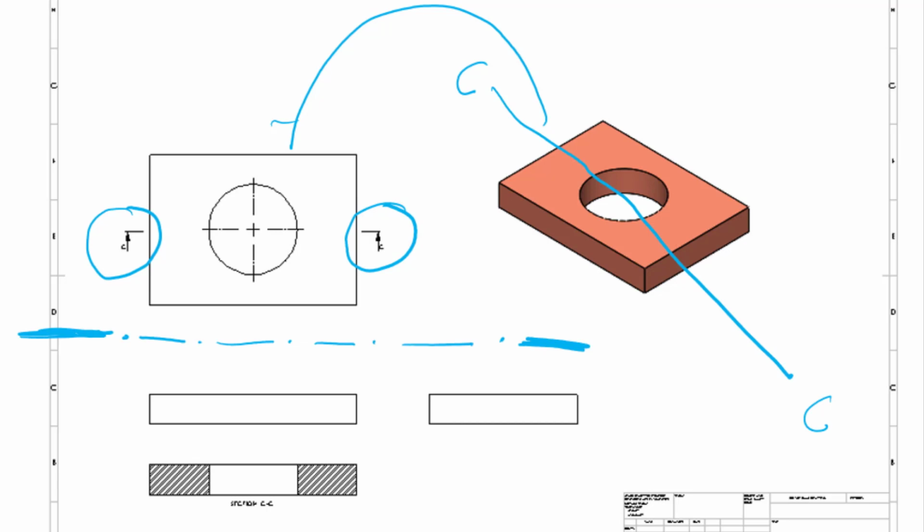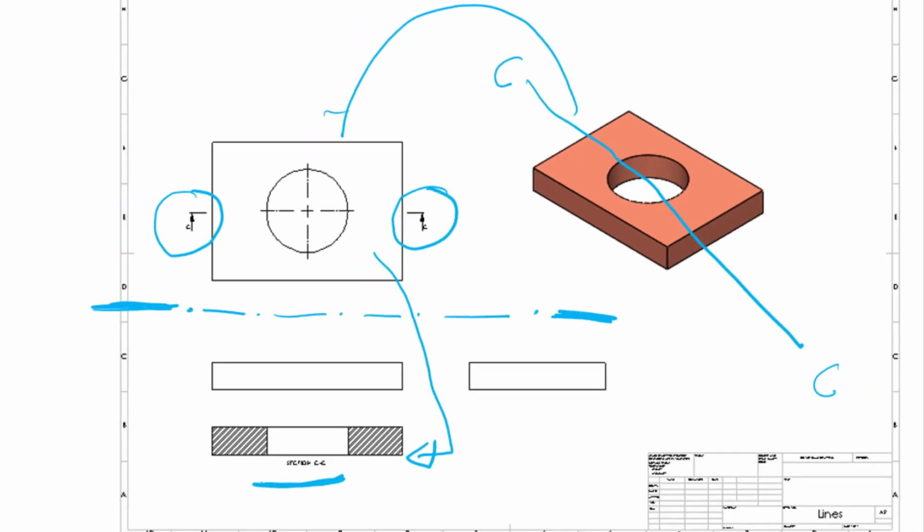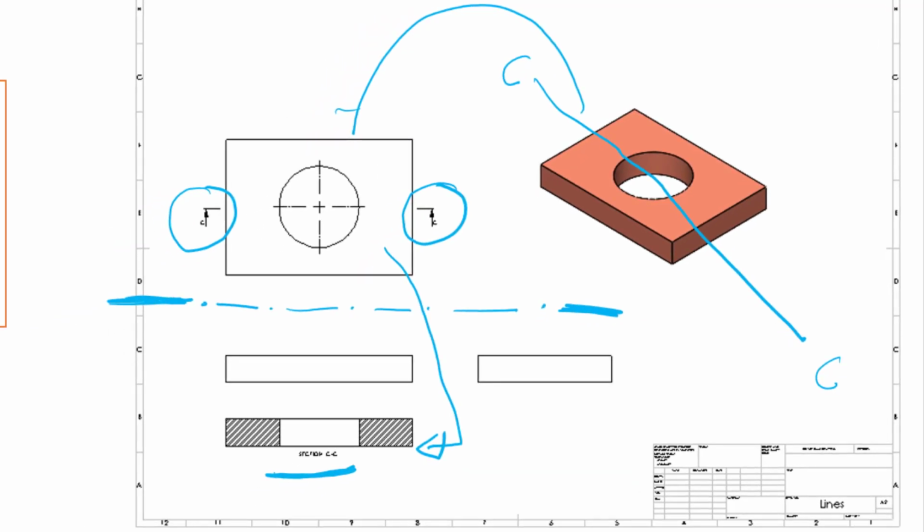This is the speciality of the line for cutting plane line. And after cutting this, the cut section is shown over here, because this is written as section CC. That means due to cutting of the object at the section CC, we will see the object like this.